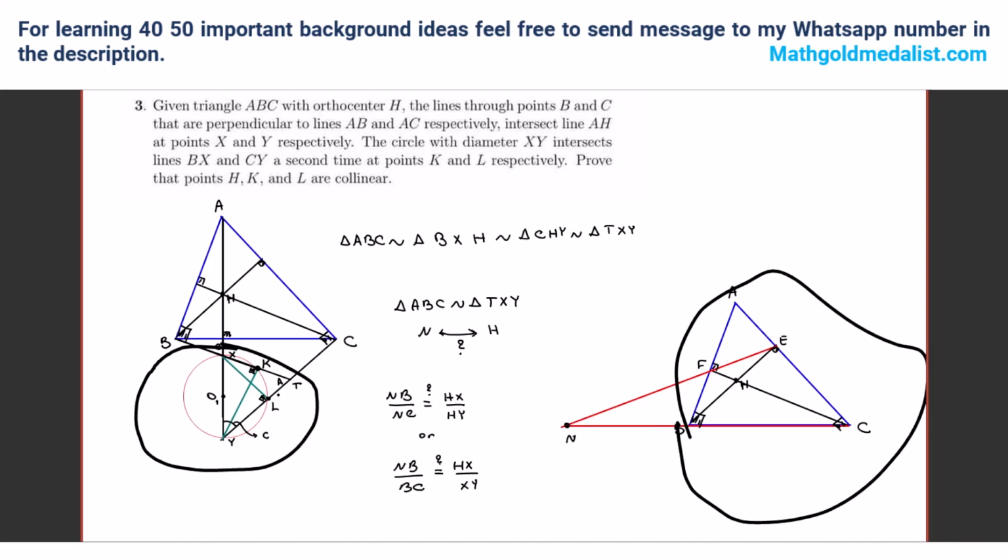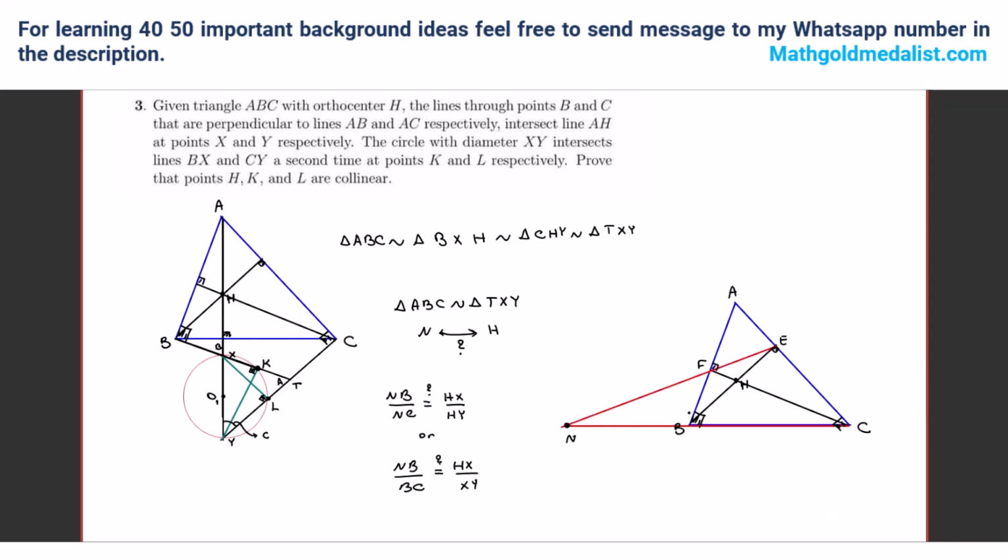If LKH are collinear, it is similar to EFN that are collinear because they are feet of altitudes, L and K, right? So we should prove N and H are corresponding points, right? Try this part, let me know if you want a hint, okay?